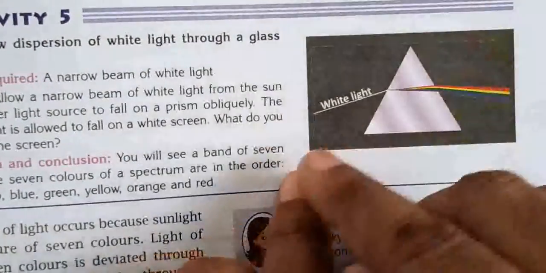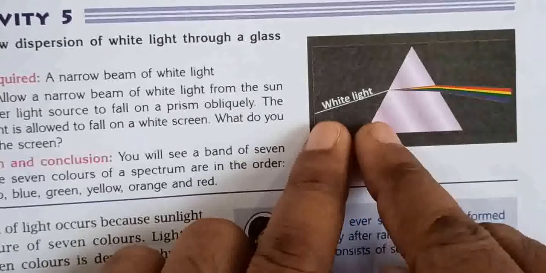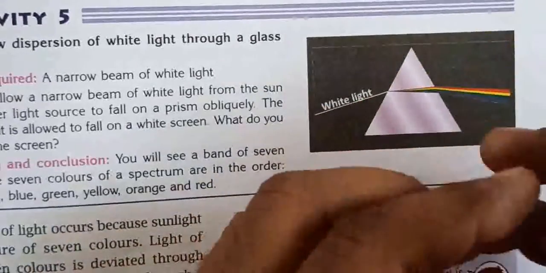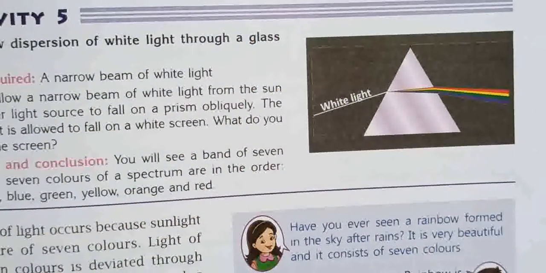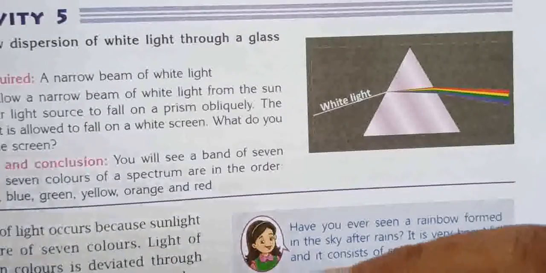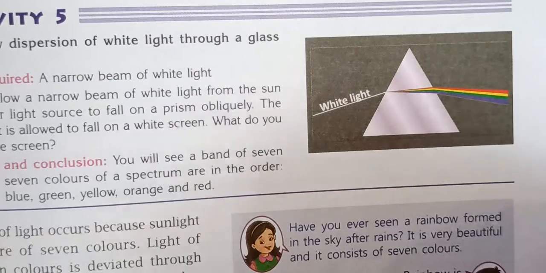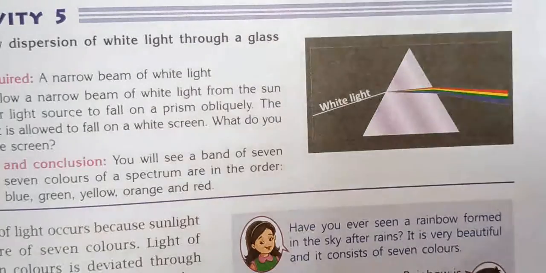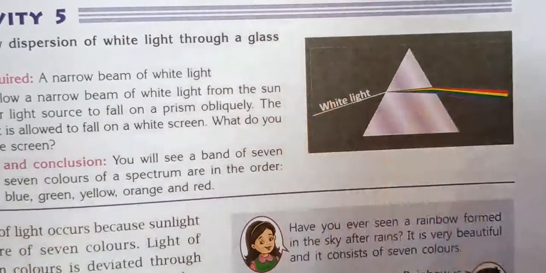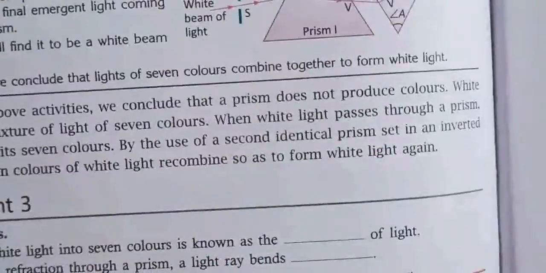Then he said, when light passes through a prism, what happens? The white light splits into 7 colors. And then some scientists questioned it: maybe it is the prism which colored the light, which gives color to the light. This question arose. Then Newton proved them wrong by doing the experiment which is there on the next page.